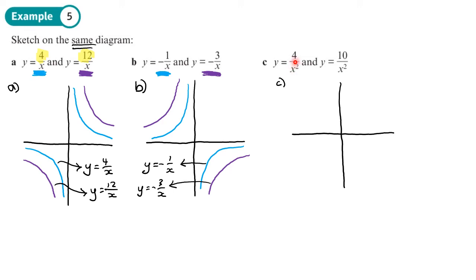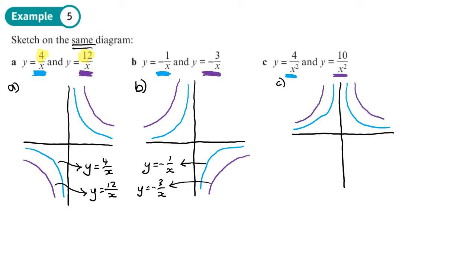Now in both of these, k is positive, so these are going to be the ones where we've got this reciprocal shape at the top. So this has 4 at the top, so it's going to be closer to the axis than the one that has 10 at the top. So that's just going to be drawn a bit further away, like this.